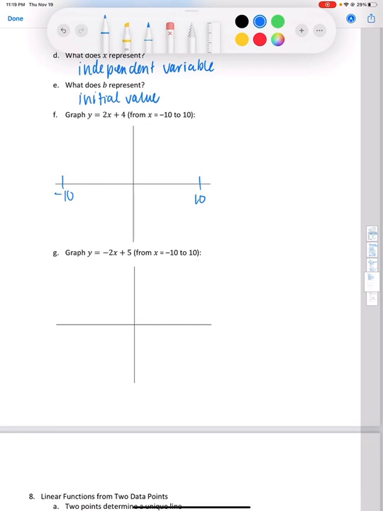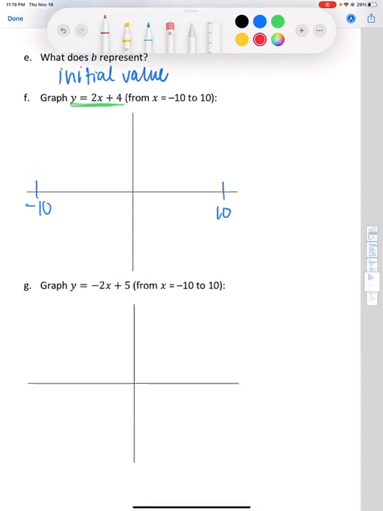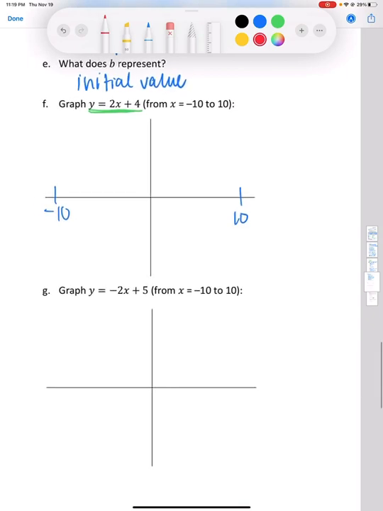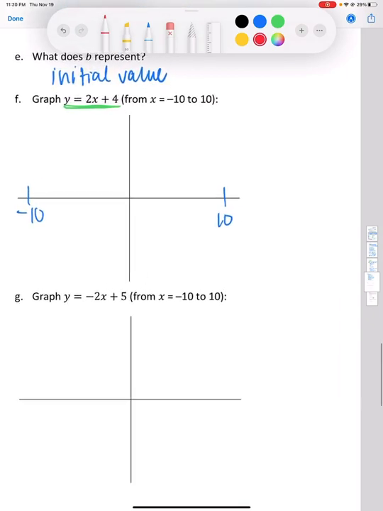And our equation is y equals 2x plus 4. So to graph these, we can just arbitrarily choose our own x's and y's. Okay. So I'm going to zoom in here a little bit. We're going to choose our own x and y, so you can pick any one you want. So I'm going to keep track here.